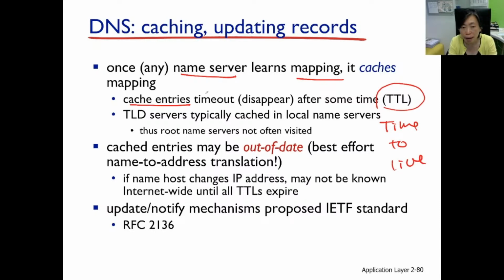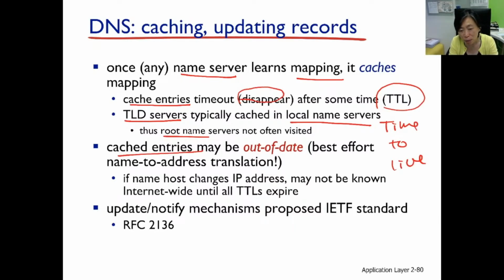Once the time expires, the entry is timed out and removed from the disk. As an example, a local name server might store the mapping for a top-level domain server so that the local name server doesn't need to go to the root name servers a lot. Again, this tries to conserve the root servers' capacity. And the cache entries may go outdated.